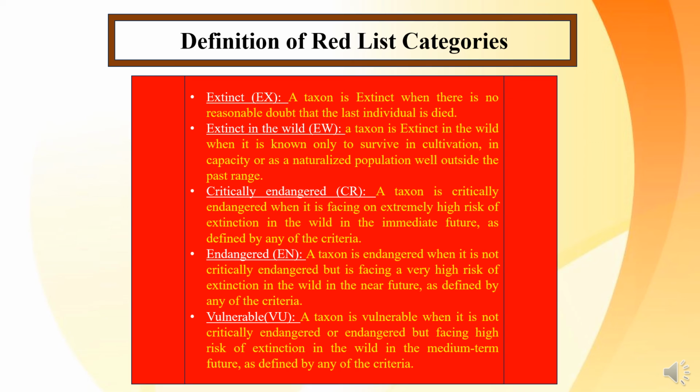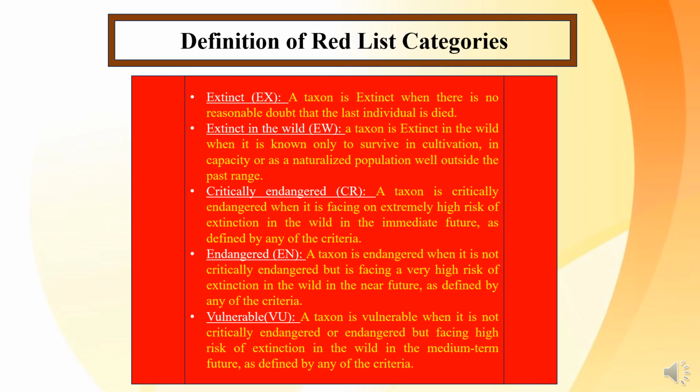Near threatened: a taxon is near threatened when it has been evaluated against the criteria, does not qualify for any of the threatened categories, critically endangered, endangered or vulnerable, now, but is close to qualifying for or is likely to qualify for a threatened category in the near future.